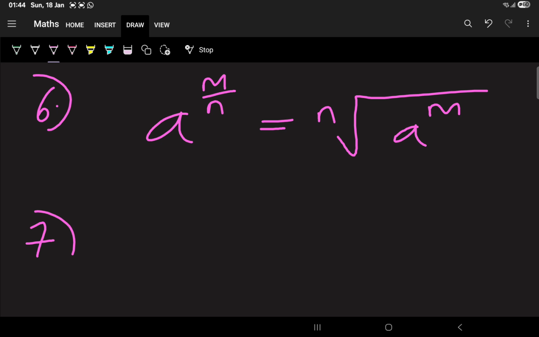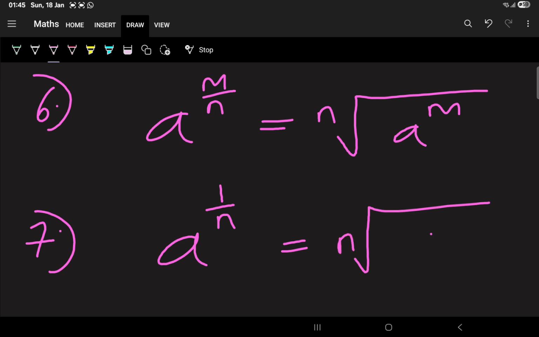Then number 7, this is a simplified form of law number 6. a raised to the power of 1 over n is simply the nth root of a.